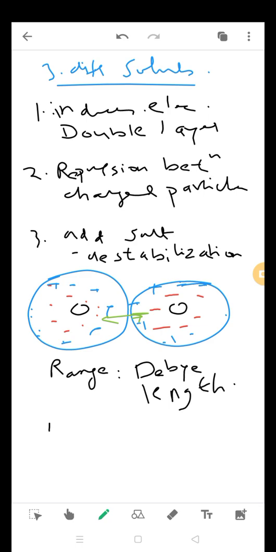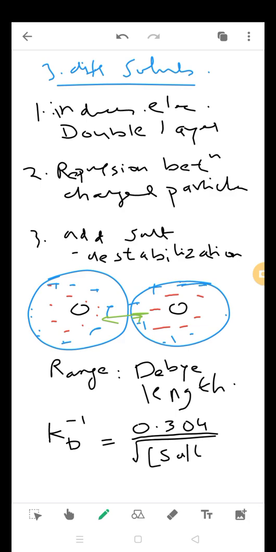It is given as K to the power inverse, and it is equal to 0.304 divided by root over the salt concentration.